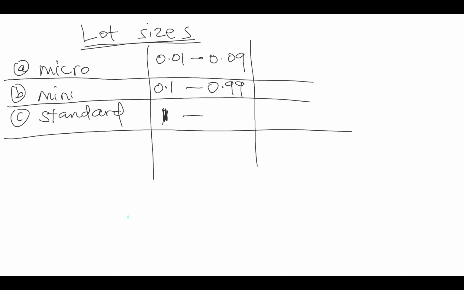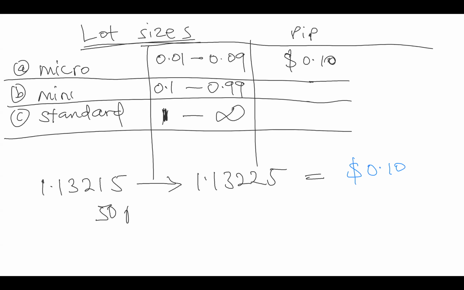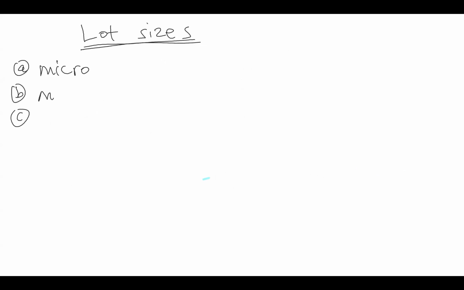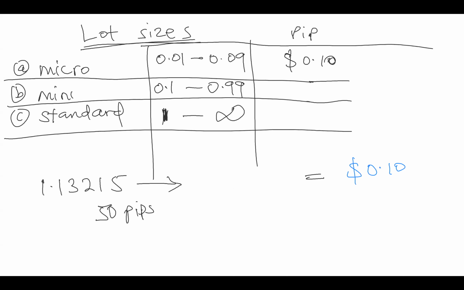If the market is moving 50 pips, what's the market price going to be like? All right, Professor, thank you so much. The market price is going to be 1.13715.